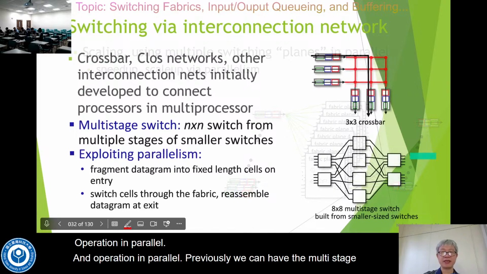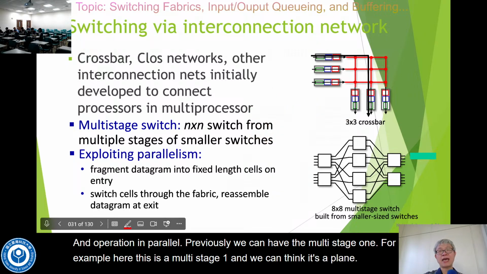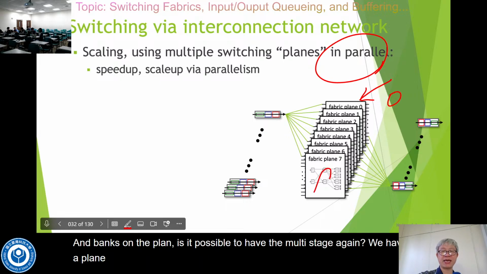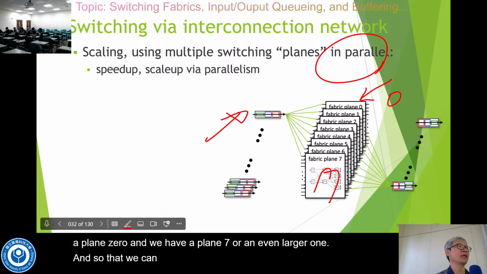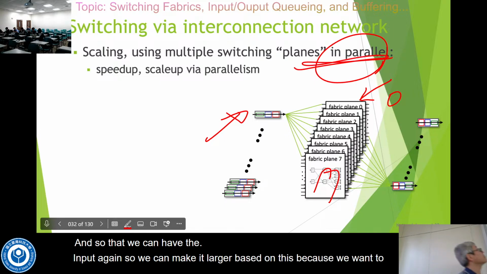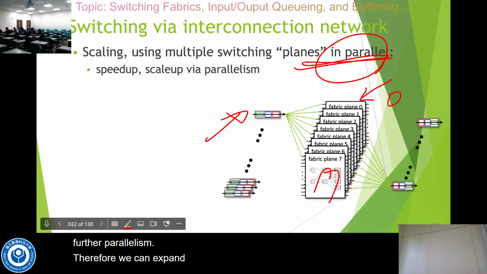For example, here, this is a multi-stage one. And we can think of it as a plane. And based on the plane, is it possible to have the multi-stage again? We have a plane 0, and we have a plane 7 or an even larger one. And so that we can have the input again, so we can make it larger, because we want to have the parallelism. Therefore, we can expand and make the interconnection network larger.